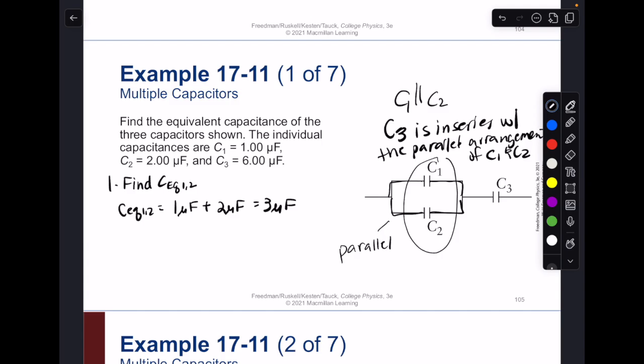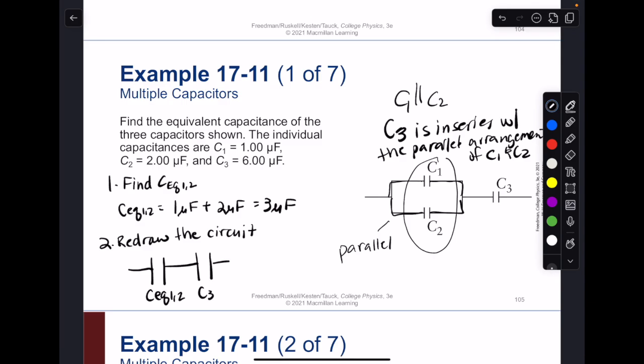So now what I would do is redraw the arrangement. Instead of C1 and C2, I'm going to have a new big capacitor called C equivalent 12. And I can see that it's connected in series with C3. So now I'm going to just find the equivalent capacitance of 2 capacitors in series, where one of those capacitors happens to be the equivalent of 1 and 2.